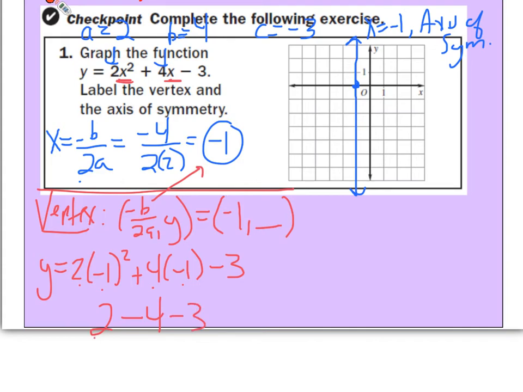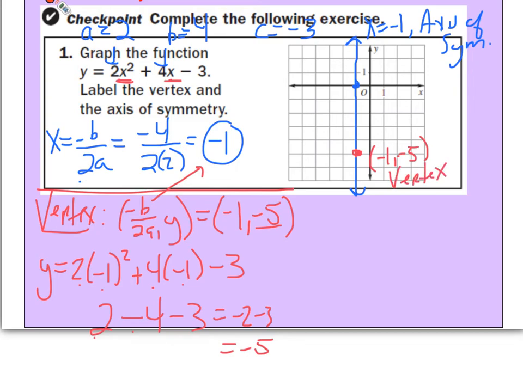Be careful, 2 minus 4 is negative 2. Negative 2 minus 3 is negative 5. So the vertex happens at (-1, -5). So I'm going to plot that, and I'm going to label it the vertex.